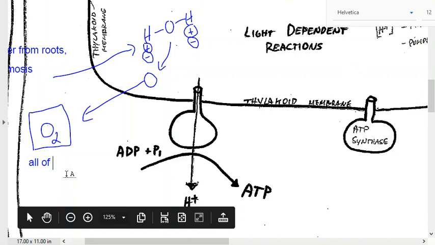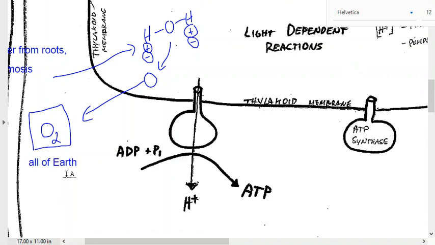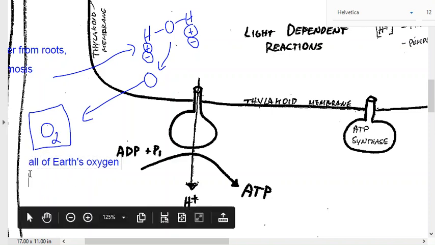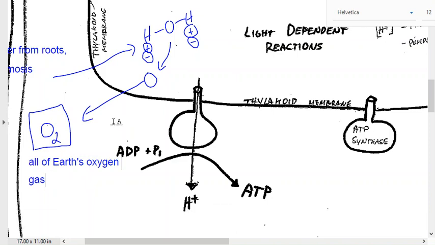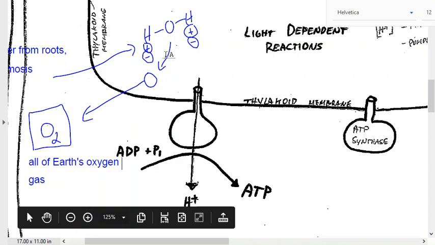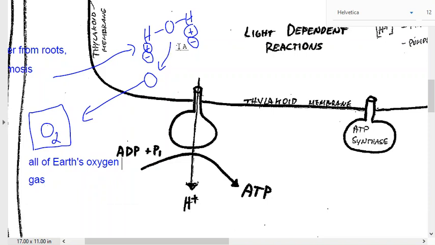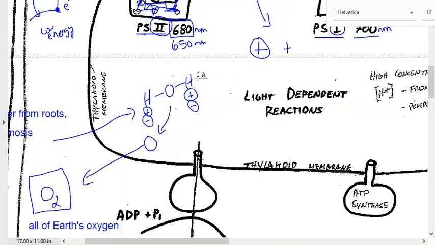All of Earth's oxygen gas comes from this process, whether it's in a plant, a cyanobacteria, or an algae, or protist. All of Earth's oxygen gas comes from breaking water. Every time you breathe and you use that oxygen, in its former life, that oxygen was part of a water molecule, which I think is pretty cool.